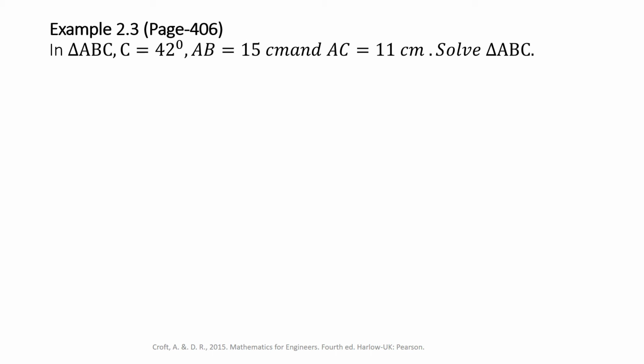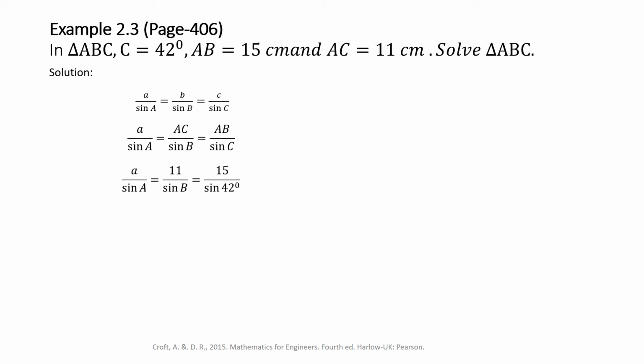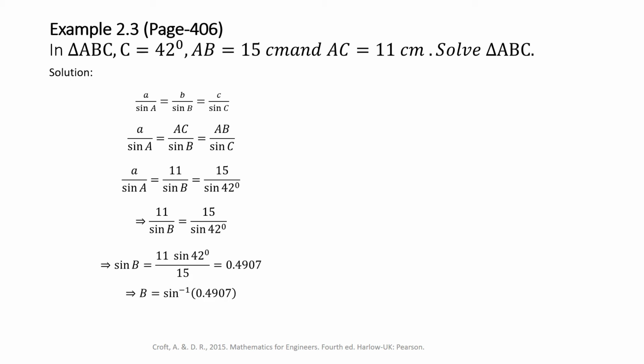Let's take another example, 2.3. Again one angle and two sides. Sine rule, we write in another shape in terms of complete side names, then plug in values, taking the last two ratios equal, it gives sine B, and sine inverse.